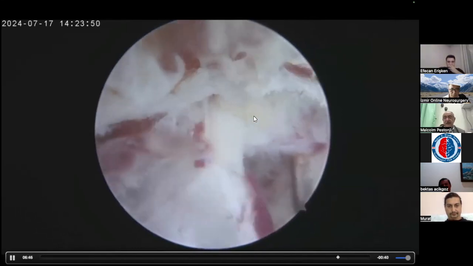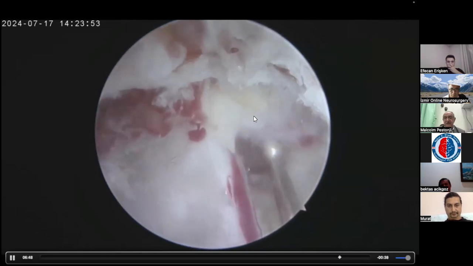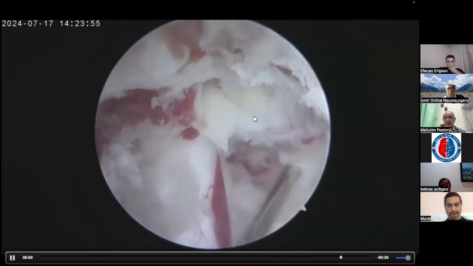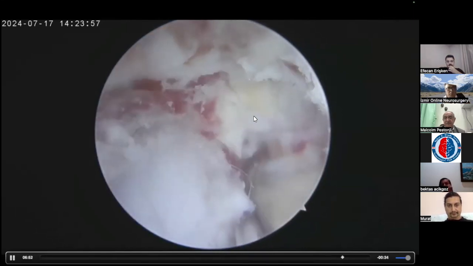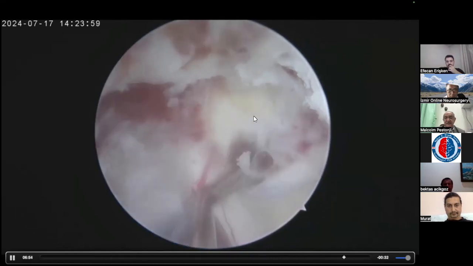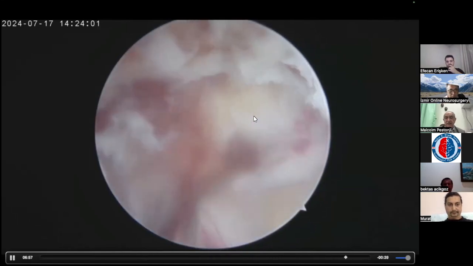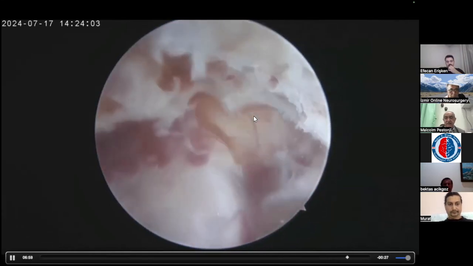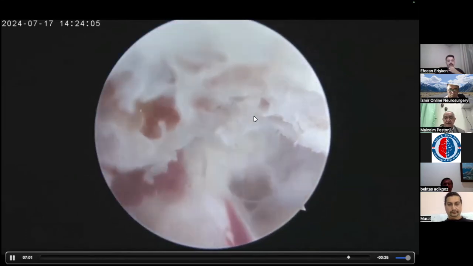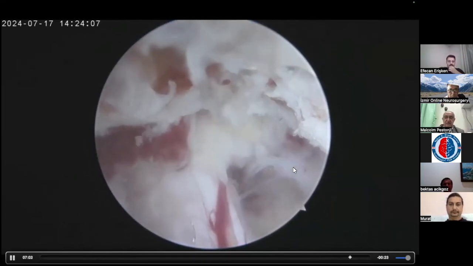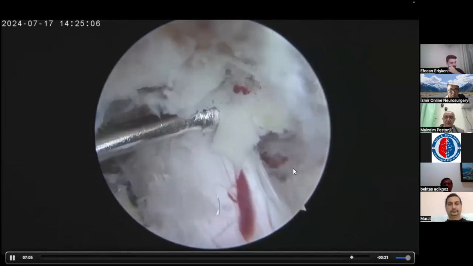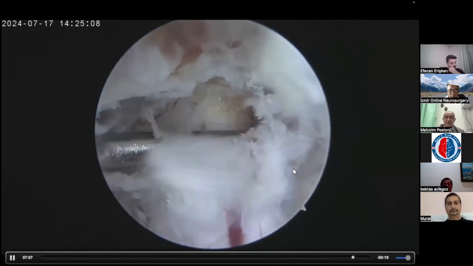And now I'm pulling that piece out, which we had broken and pushed below the nerve root. That piece has to come out, which I have broken. Otherwise, I'm in trouble. So take some patience. And slowly that piece comes out.